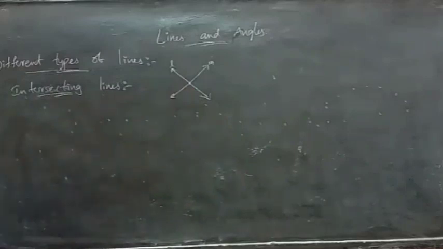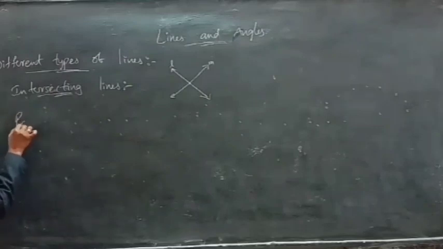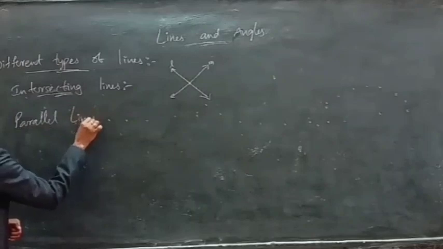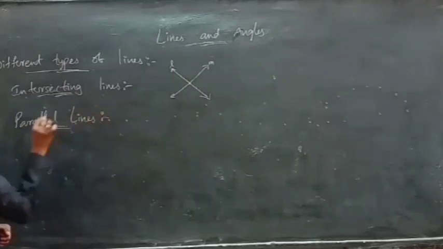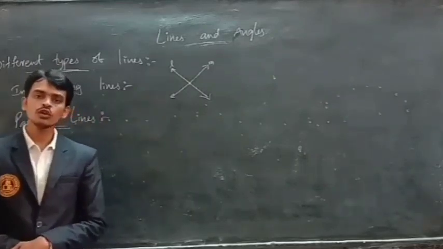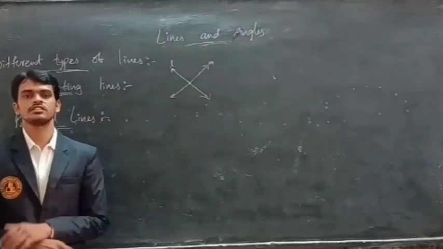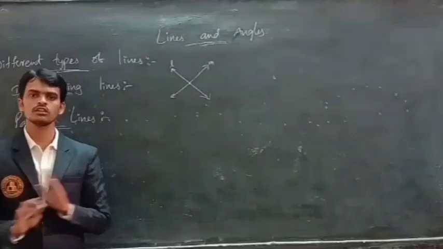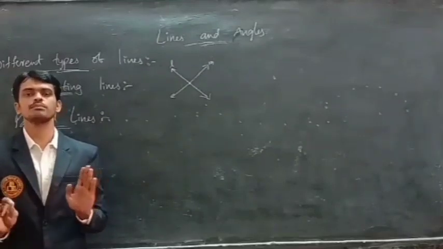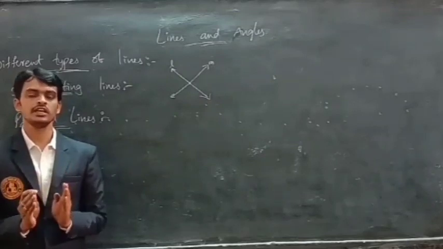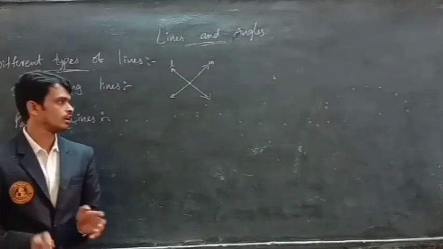Second one, parallel lines. If two lines do not have any intersecting point, then the two lines are said to be parallel lines.